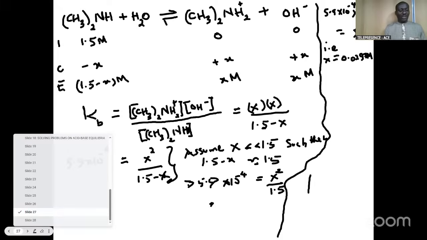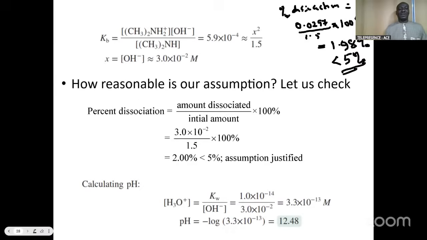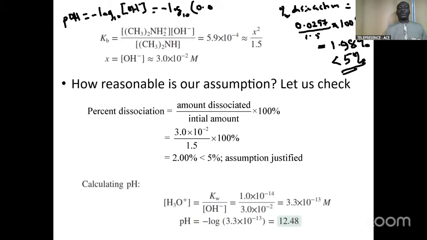Either way you go, you're going to get the same answer. You might want to first determine what pOH is, and pOH is equals to minus log to base 10 of OH concentration, which is equals to minus log to base 10 of 0.0297. And let's see what that's going to give us.